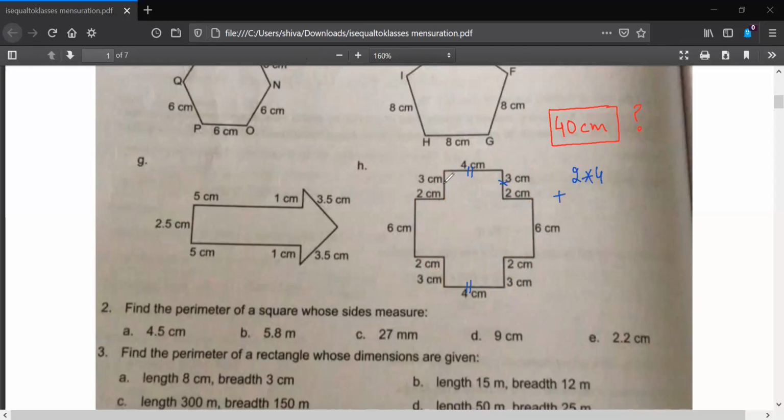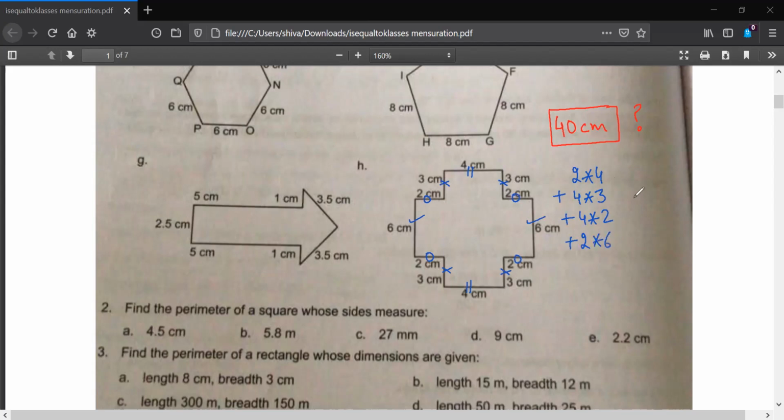This is 3, this is 3, this is 3, this is 3. So I have 4 times 3. This is 2, this is 2, this is 2, this is 2. So I have 4 times 2 plus this is 6 and this is 6. So I have twice of 6.